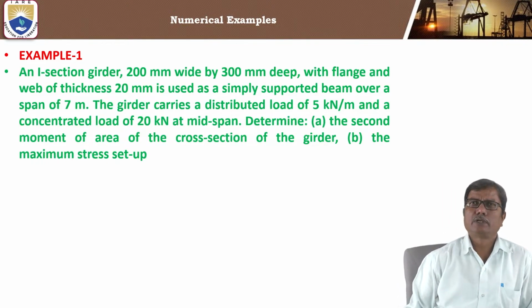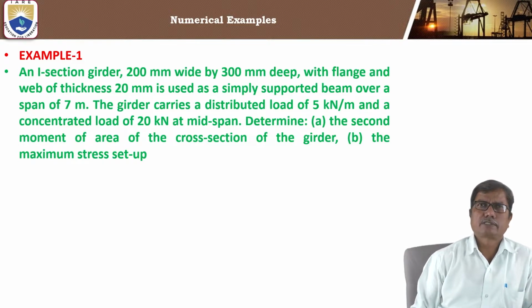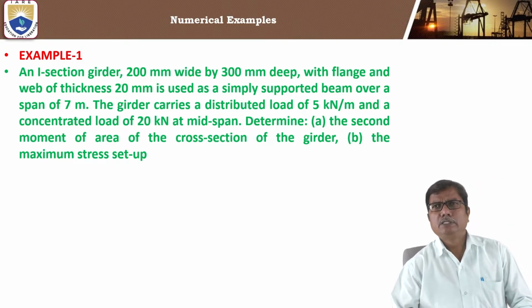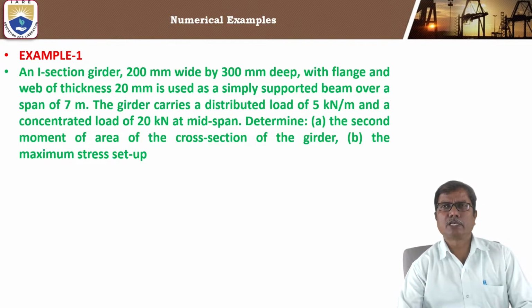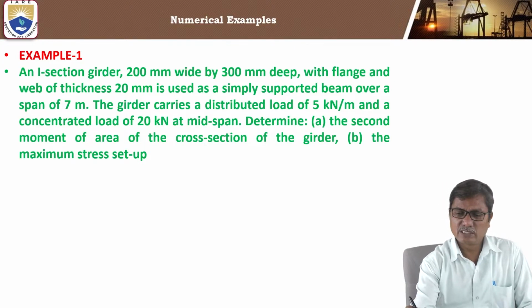The first example reads like this: an I-section girder 200 mm wide and 300 mm deep with flange and web thickness 20 mm is used as a simply supported beam over a span of 7 meters. So the span of the beam is 7 meters.